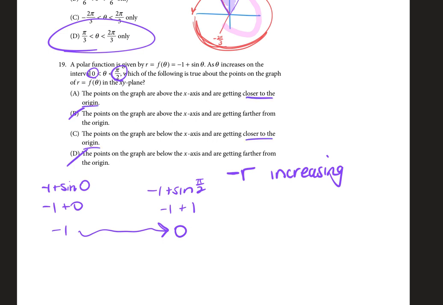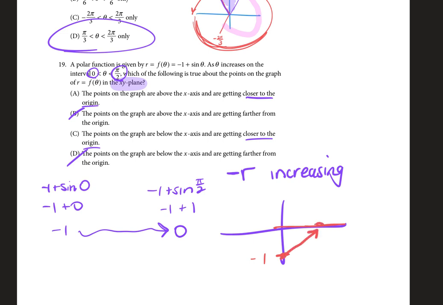Okay? Now it says the points on the graph are above the x-axis or below the x-axis? And this is where it's important to say that it said in the xy plane. Because in the xy plane, on your regular coordinate grid, where would negative 1 be? Below the x-axis. Where would 0 be? On the axis. So where would the points be if they're getting closer to that one?